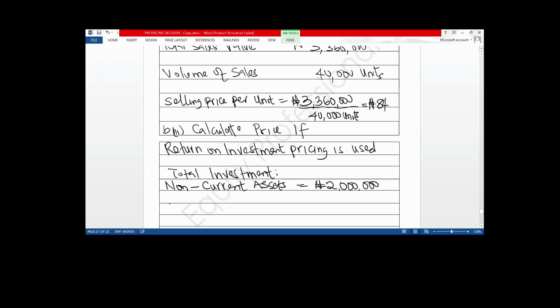Then look at investment in working capital. 400,000. These are the two investments in this question. Then total investment. Please sum this together. 2.4 million.